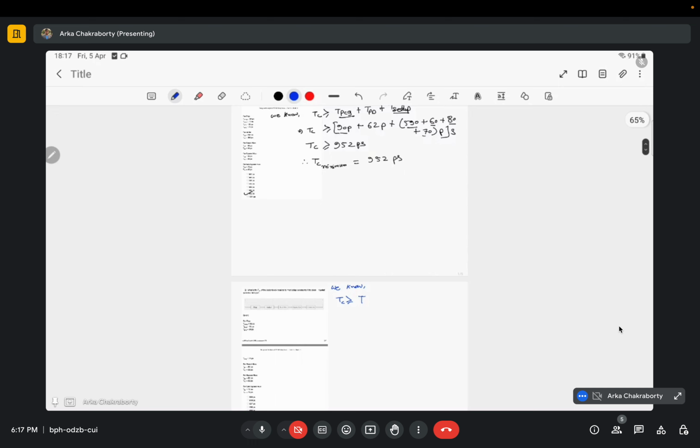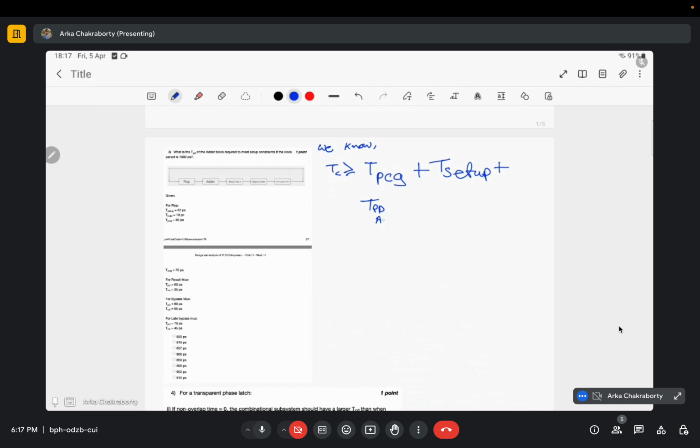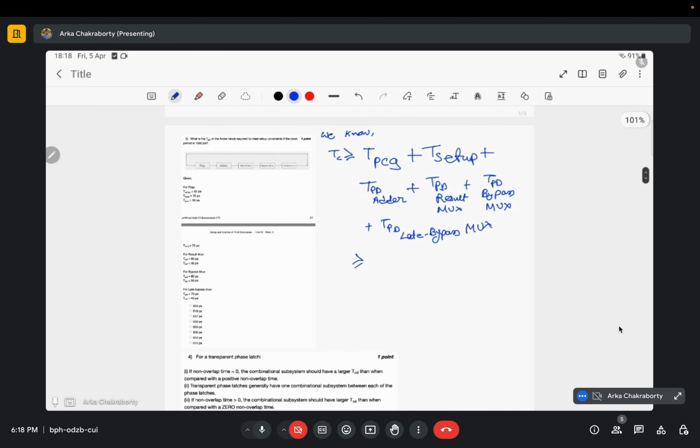TPCQ plus T setup plus T propagation delay of adder plus T propagation delay of result mux plus T propagation delay of bypass mux plus T propagation delay of late bypass mux. Clear? So what is TPCQ?